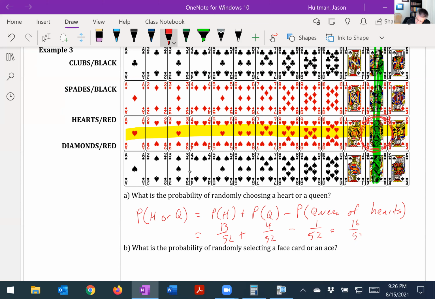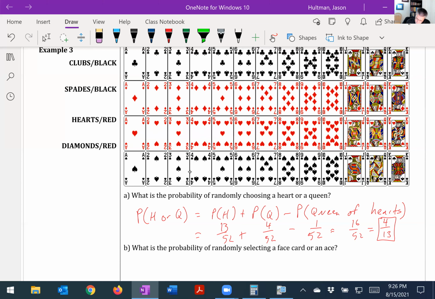So this is 16 out of 52. I can divide both top and bottom by 4, and I get 4 out of 13. And you can change it to a decimal. It's not a pretty decimal, but if you want to change it to a decimal and round, you can. I'm going to leave it as 4 over 13.